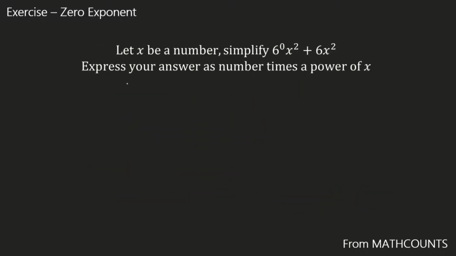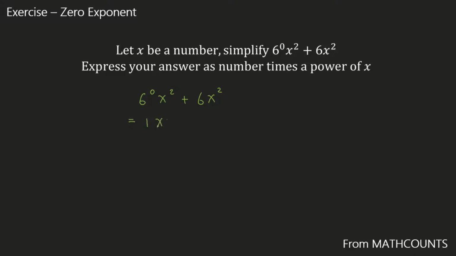Let's look at this next problem. Let x be a number. Simplify this expression. Express the answer as number times a power of x. So we have 6 raised to the 0's power times x squared plus 6 times x squared. Any number raised to the power of 0 is 1.